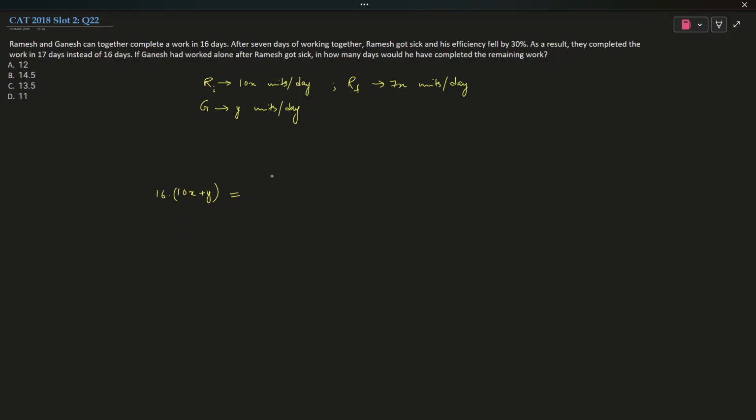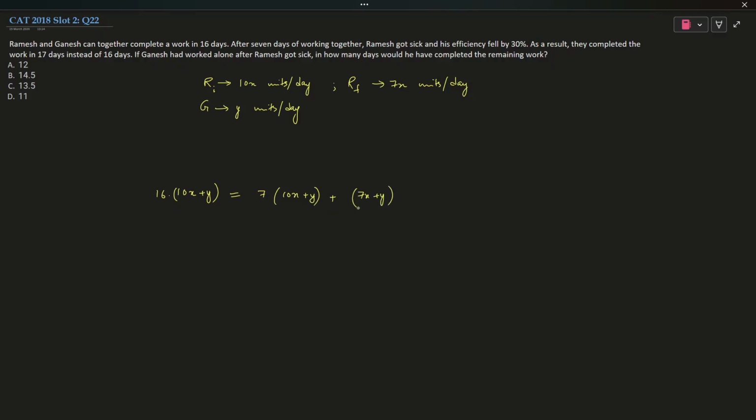This work must be equal to the work they have completed in 17 days, since they are completing the same amount of work. For 7 days they both are working, so till the 7th day Ramesh works with an efficiency of 10x units per day. After the 7th day he works with an efficiency of 7x.